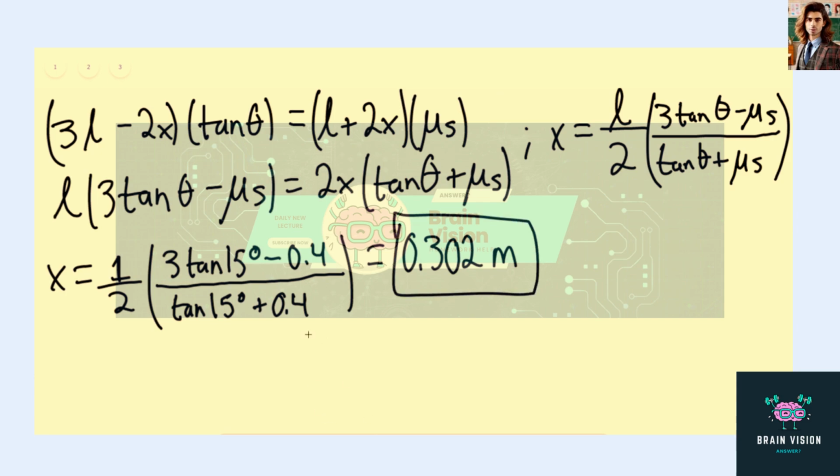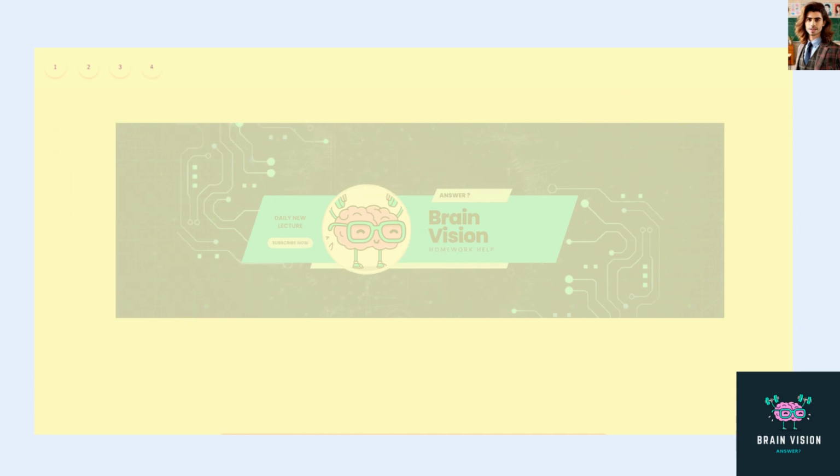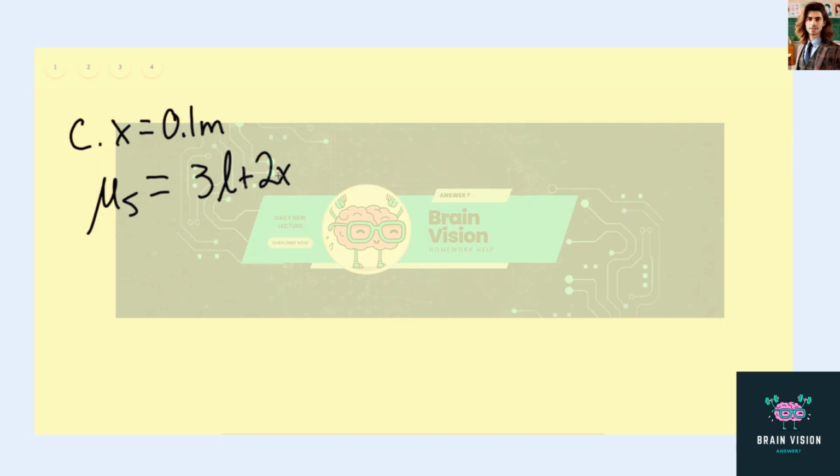Now for part C, they're stating that x equals 0.1 meters. So now what is the coefficient of static friction? The coefficient of static friction would still be equal to 3L plus 2x divided by L plus 2x, from part B, times the tangent of theta.